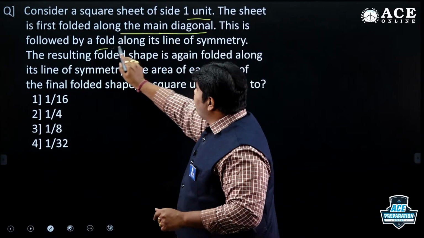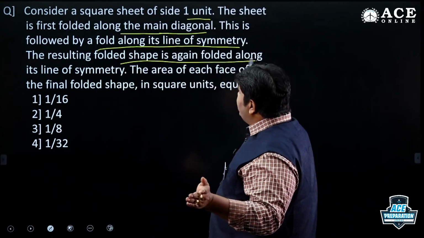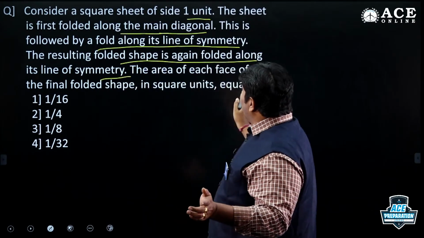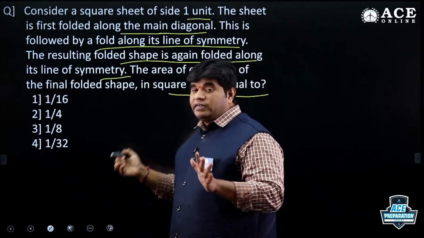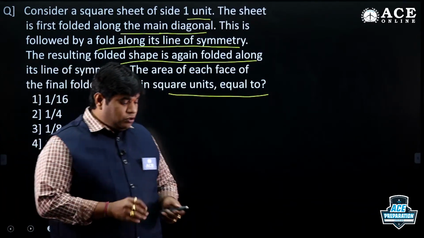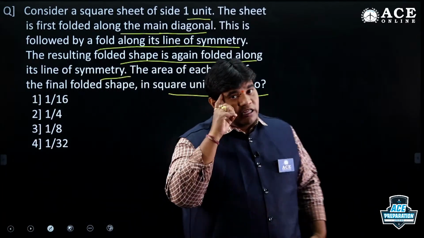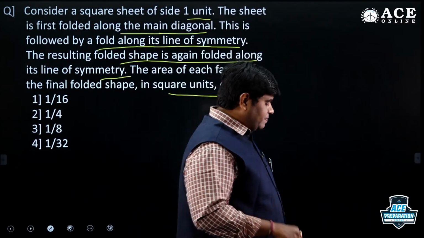This is followed by the fold along its line of symmetry, and the resulting folded shape is again folded along the line of symmetry. The area of each face of the final folded shape in square units is? That is the question. Okay, here don't use the original method. You can observe it logically. That's why I'm giving this example. Observe, friends.